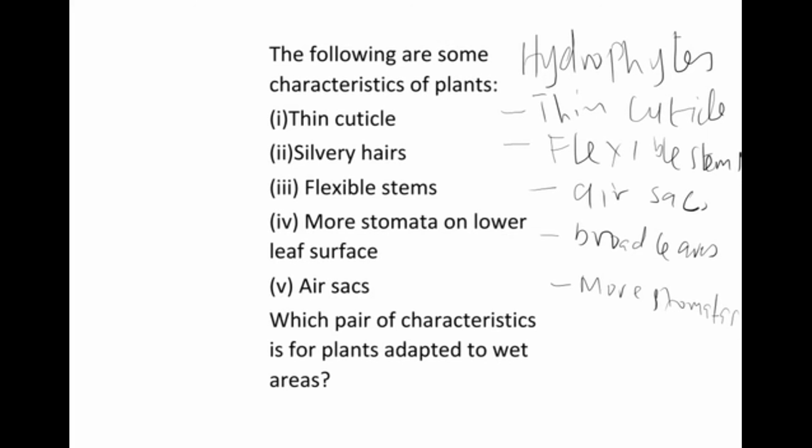Looking at our question, the adaptations or characteristics of plants that grow in wet areas will include 1, 3, and 5. All those are characteristics of plants that grow in wet areas.